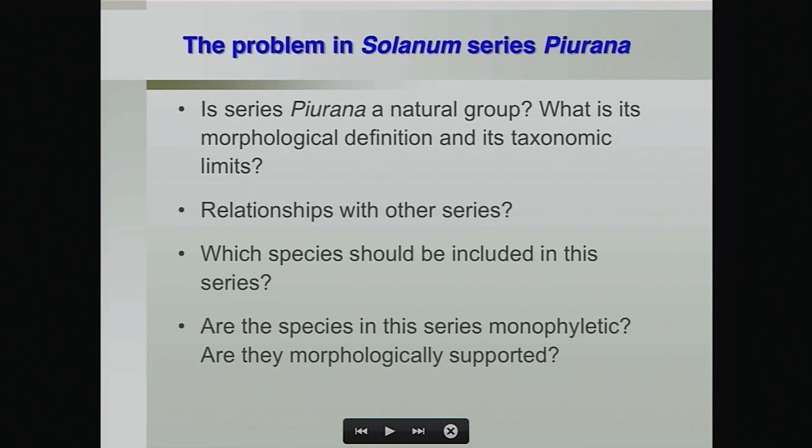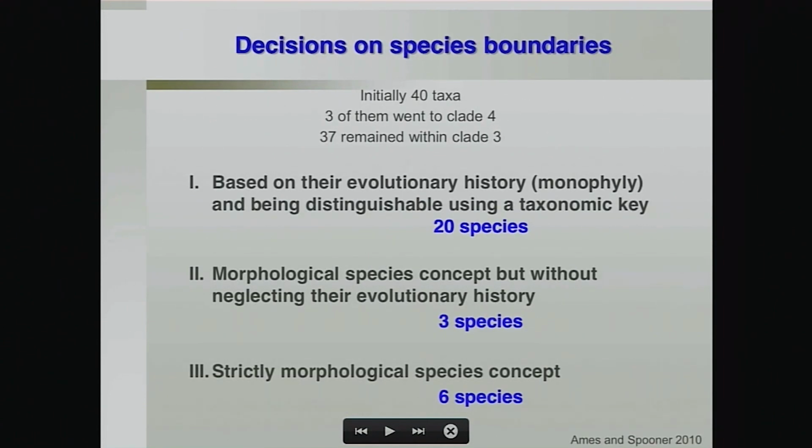Which species should be included in this series? Are the species in Piurana monophyletic? This means Piurana is a monophyletic clade. Are they morphologically supported?